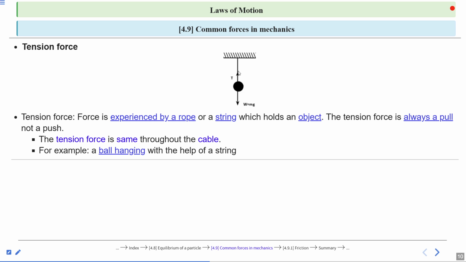Here we have a string and a ball that is hanging with the help of the string, and the tension force that is acting here is like this, in the upward direction, and the weight of the ball is vertically downward, that is mg. Clear?